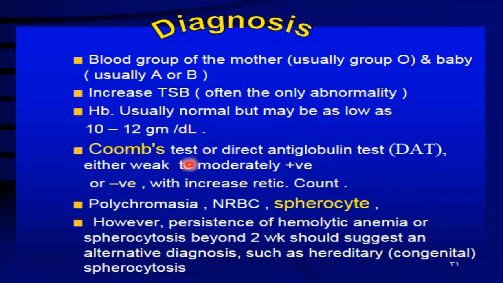Coombs test, or direct antiglobulin test, is weak to moderately positive or negative, with increased reticulocyte count, polychromasia, nucleated RBC, and the blood film may show microspherocytes. However, persistence of hemolytic anemia or spherocytes beyond 2 weeks should suggest an alternative diagnosis such as hereditary spherocytosis.